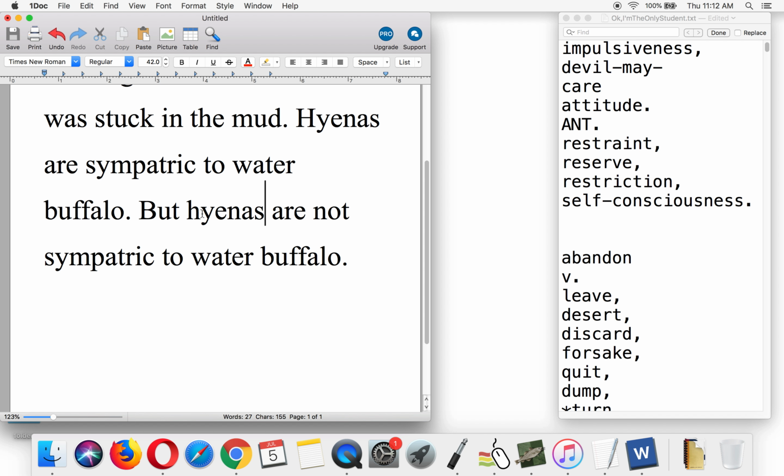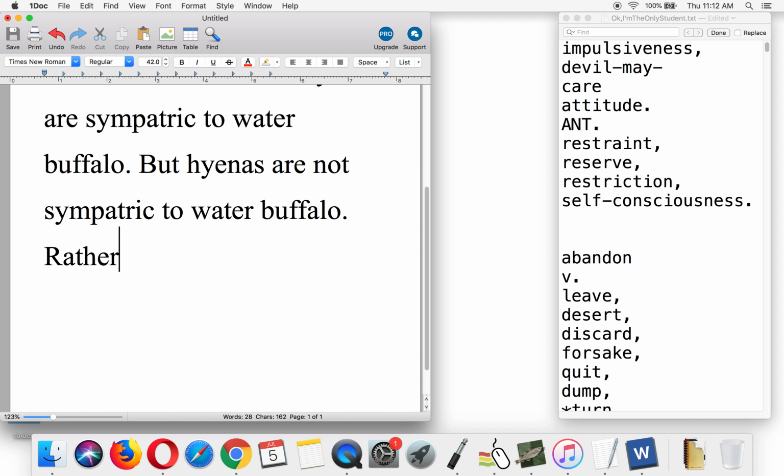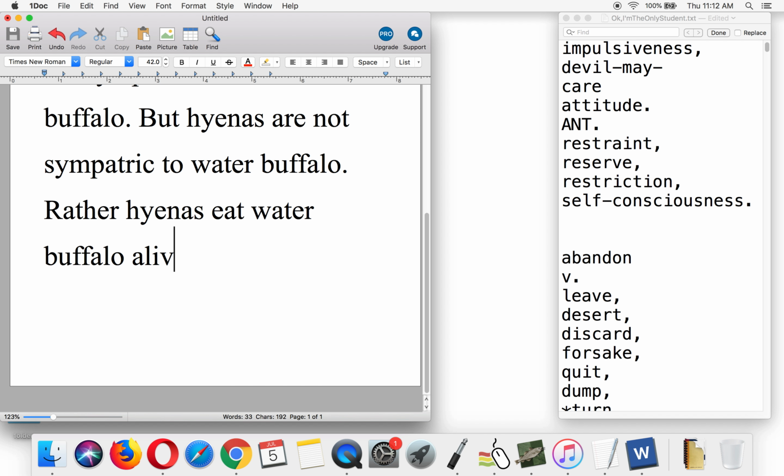But hyenas are not sympatric to water buffalo. Rather, hyenas eat water buffalo alive.